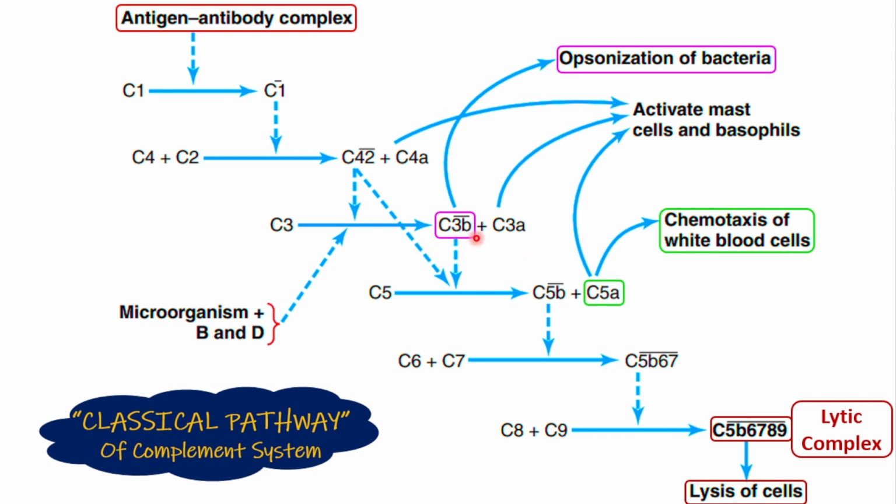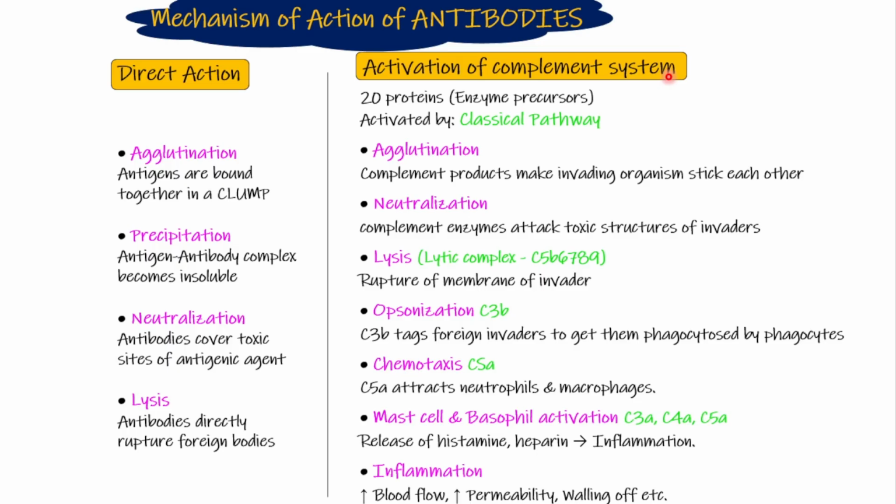Then we have C3b. Now, we have also discussed a concept which was opsonization of bacteria. So what exactly is opsonization of bacteria? In opsonization, the foreign invader is tagged by C3b.